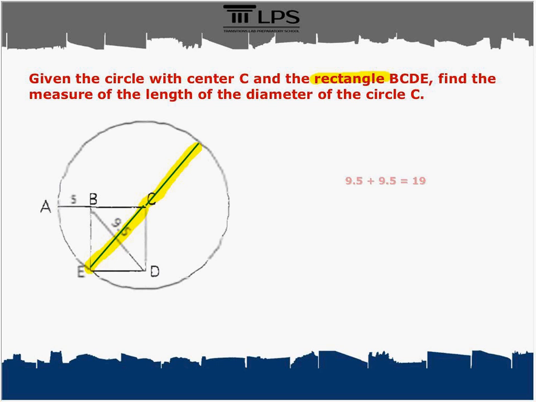Therefore, 9.5 plus 9.5 is 19, because this is the radius. It was a question based on the property of rectangles. The property says that the lengths of the diagonals of a rectangle are always equal.